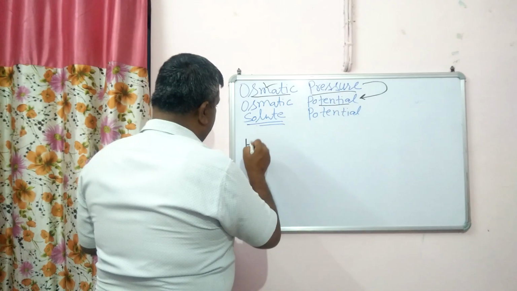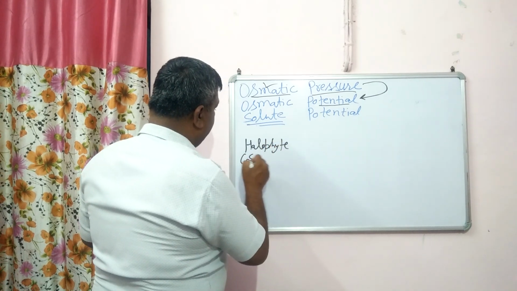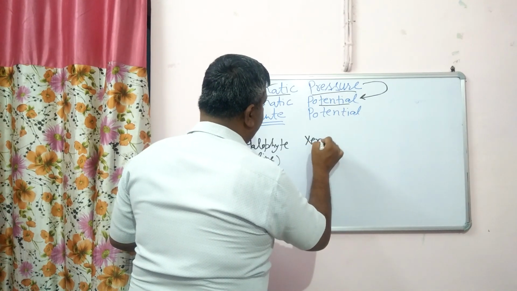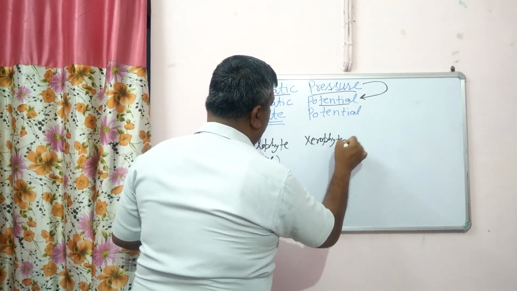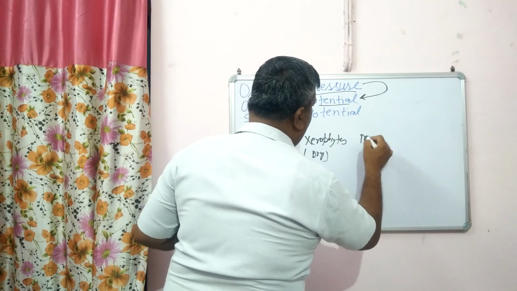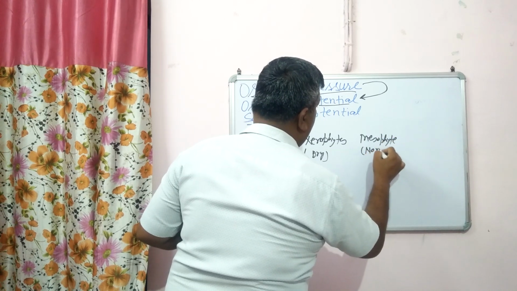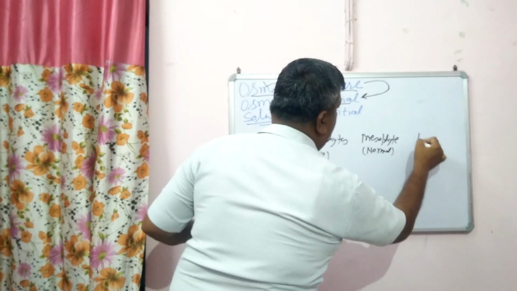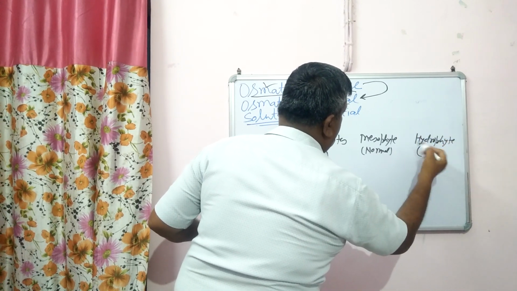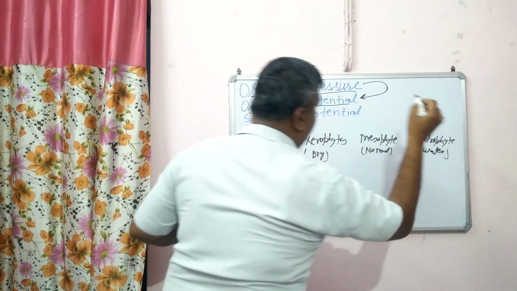Halophytes are plants which grow in saline conditions, xerophytes grow in dry conditions, mesophytes grow in normal conditions where water is normal, and hydrophytes grow in waterlogged conditions or in water.